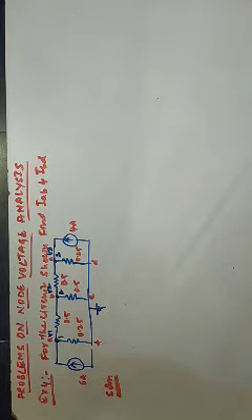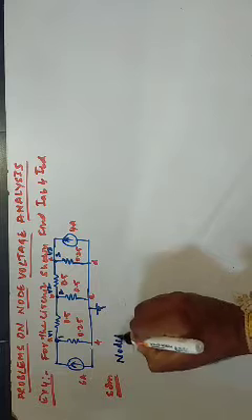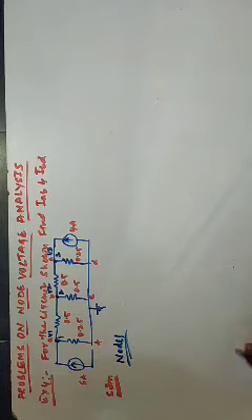For node 1, as already explained, 0.25 is connected purely to node 1, whereas 0.5 is connected between node 1 and node 2.